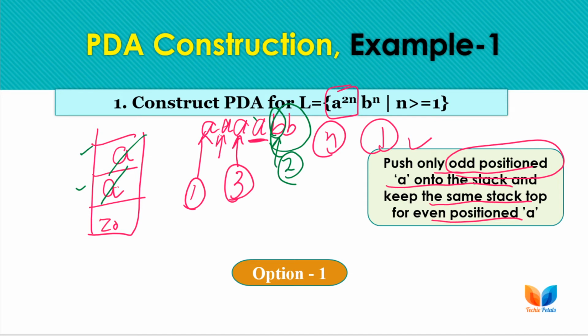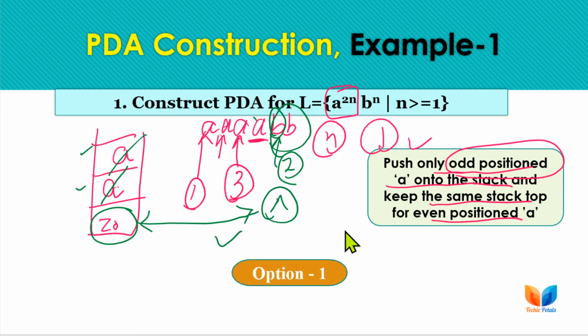As we have reached the end of the string and the stack top is Z0, we can show acceptance if both conditions are met.